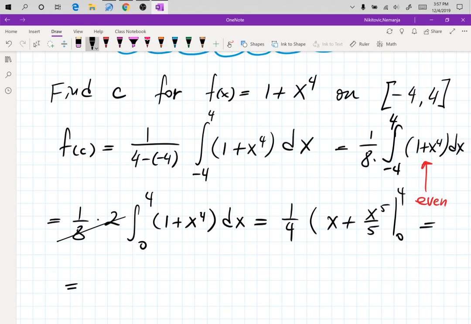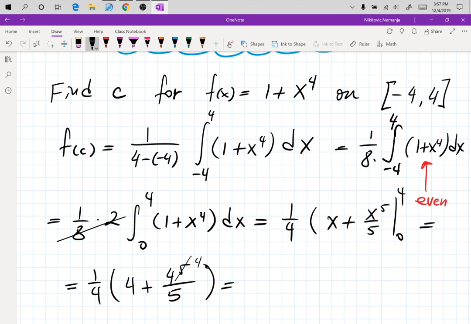That gives us, when we plug in a 4, you get a 1 quarter, plug in 4 plus 4 to the 5th power over 5, and then minus 0, so we don't care. We can factor out one of the 4s, and it will cancel.